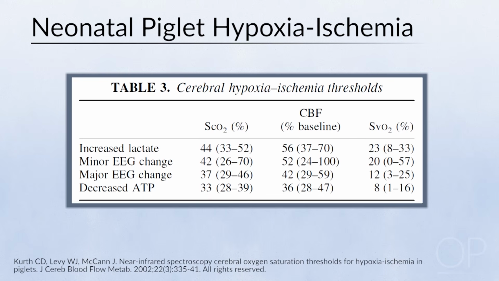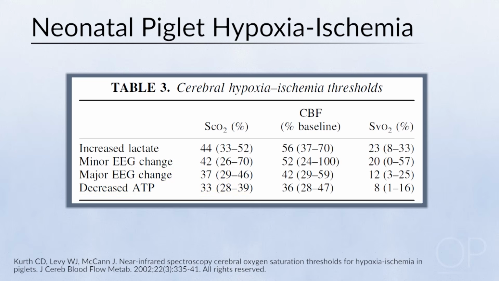What you see is when cerebral oxygen saturation falls to the mid or low 40s, you start seeing an increase in brain lactate and a decrease in power of the EEG. With cerebral oxygen saturation values in the 30s, you start seeing further decreases in EEG amplitude, as well as slowing of the EEG and a decrease in cerebral ATP.